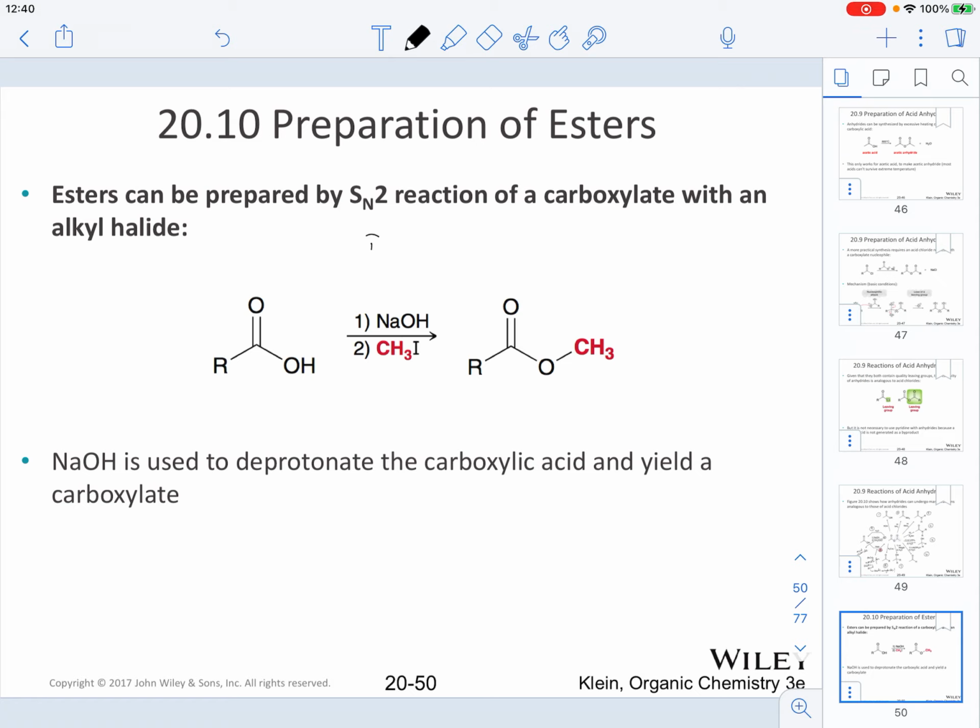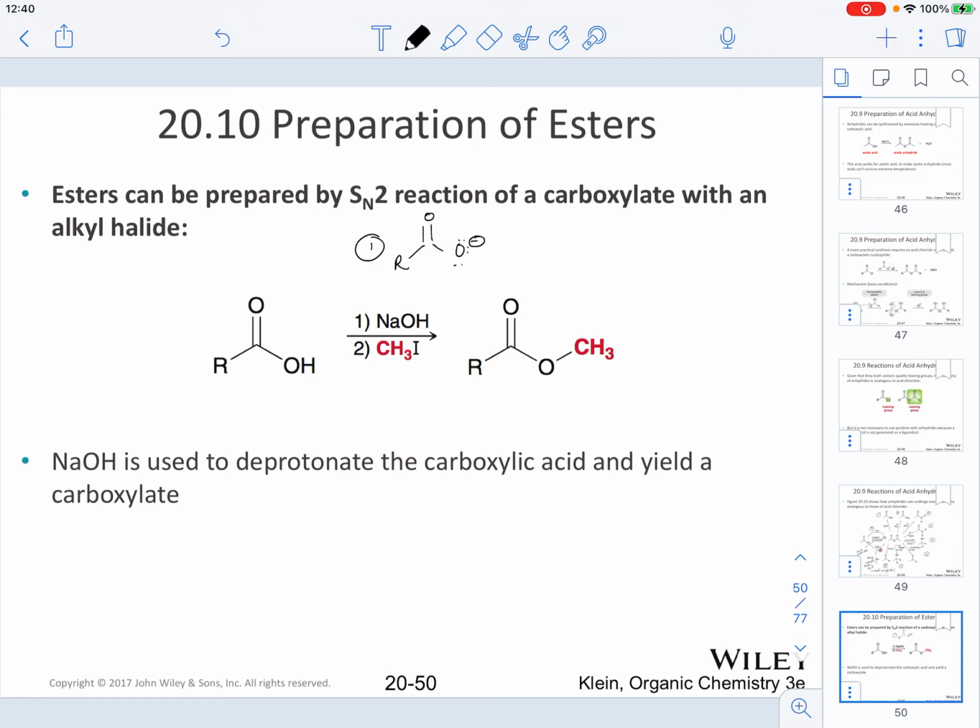So in step 1, the product of that reaction is the following. And in the second step of the reaction, you can envision that that oxygen that is negatively charged is going to add to the carbon atom, and then that's going to kick off the iodine.